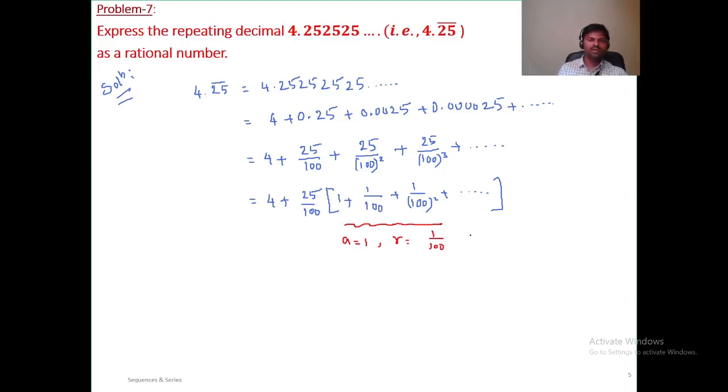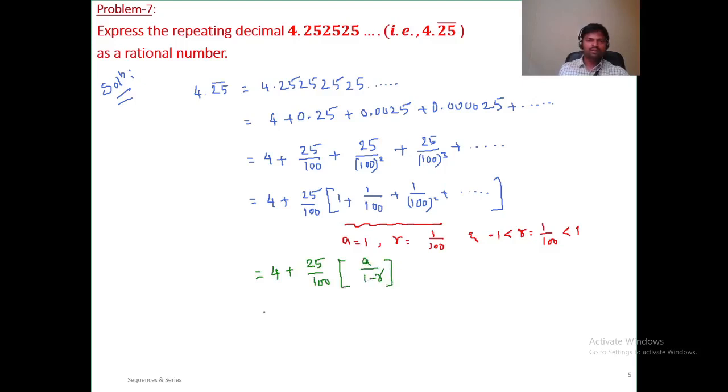The common ratio R equal to 1 by 100 is lying in the interval minus 1 to plus 1. Perfectly, the condition is satisfying. So therefore, this will be 4 plus 25 by 100, and the series converges to A by 1 minus R.